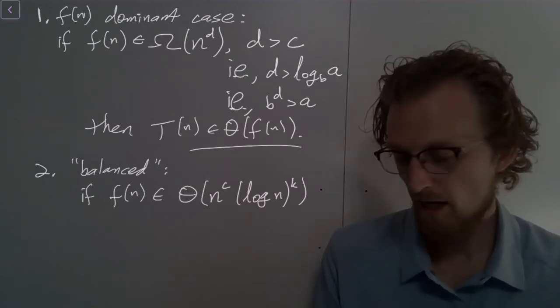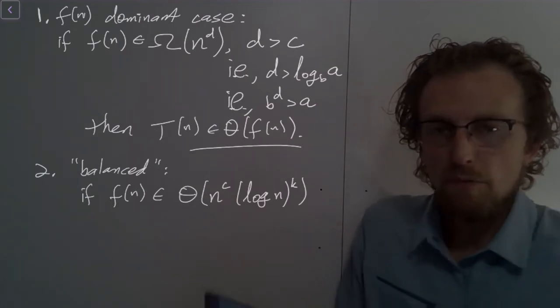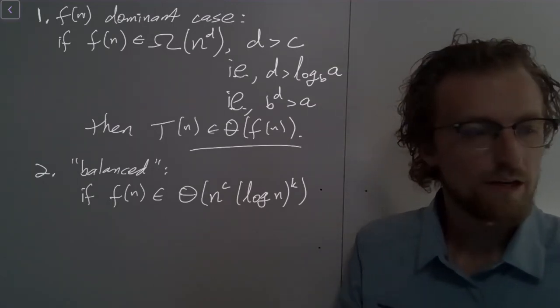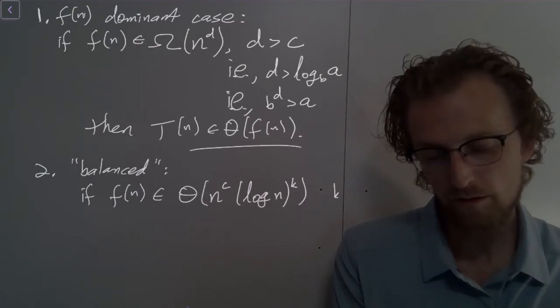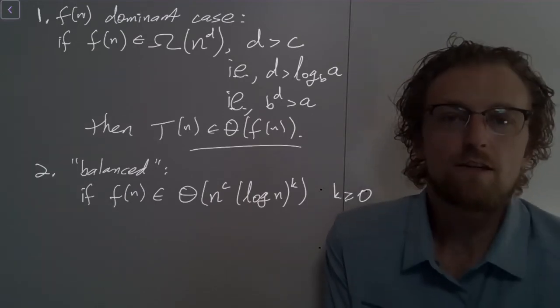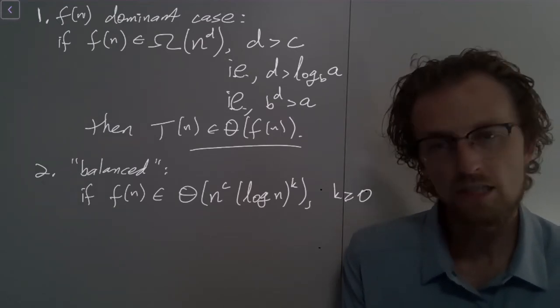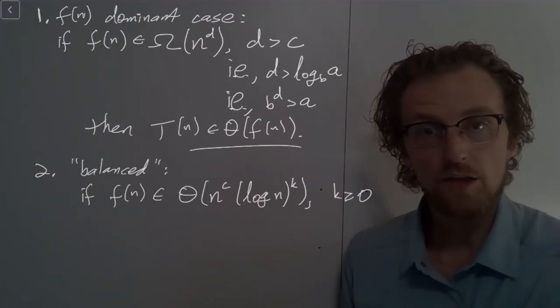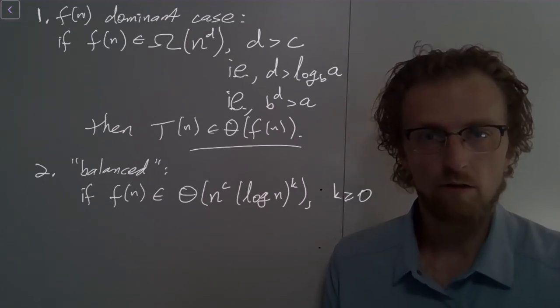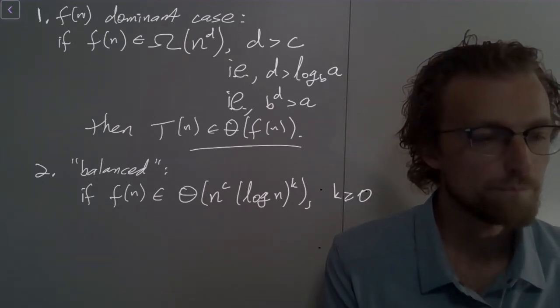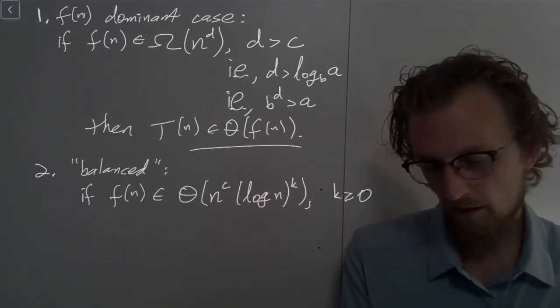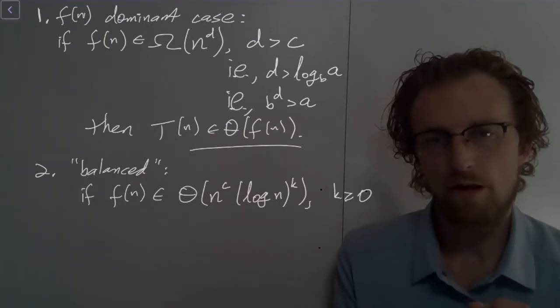So I can take the critical exponent and perhaps times some logs. So here k is something greater than or equal to 0. So I don't have to take any extra logs. I can let k equal 0 and just say if f of n is big theta of n to the c, or n to the log base b of a, then what do I get? I get only a log slowdown.